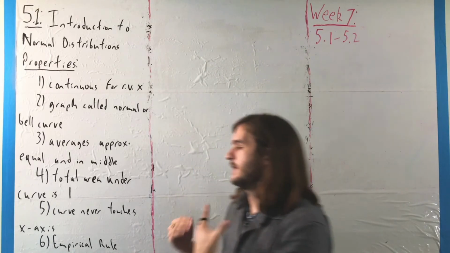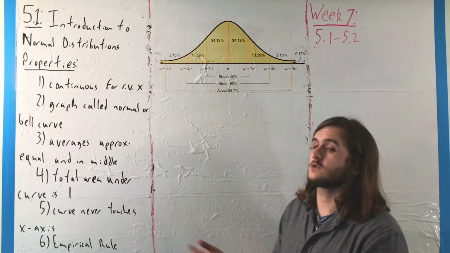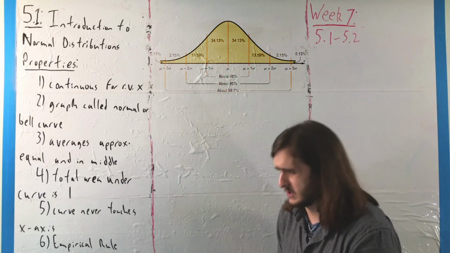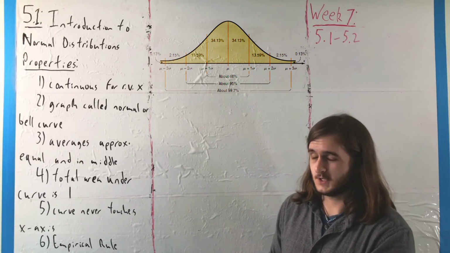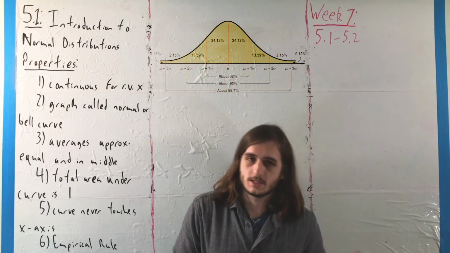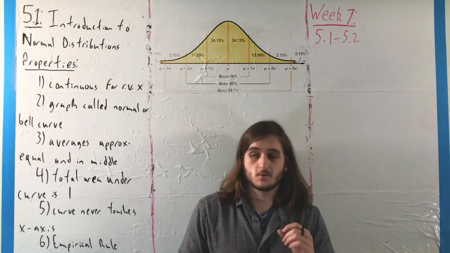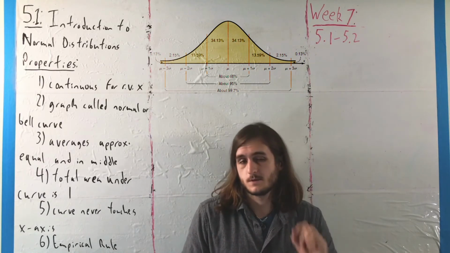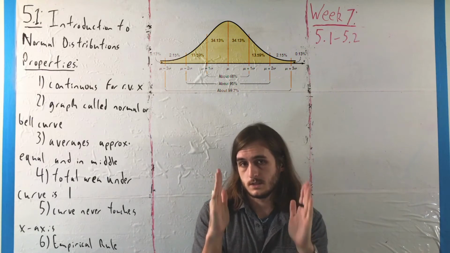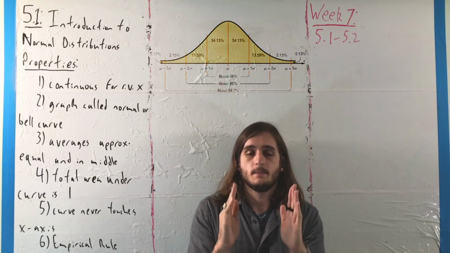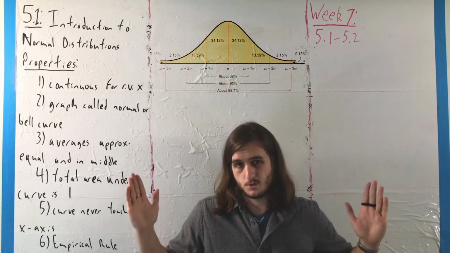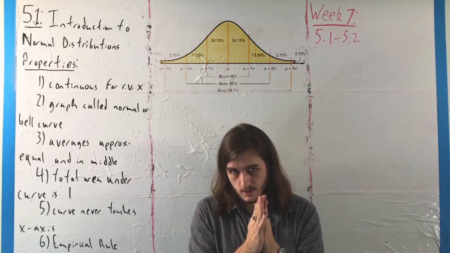And then finally, I ran out of space to write it all out, but the empirical rule holds, because the empirical rule is for approximately normal things, so you can be sure it works for the normal distributions. For those of you that don't remember, the empirical rule says that for approximately normal distributions, about 68% of data falls within 1 standard deviation of the mean, about 95% is within 2, and about 99.7% is within 3 towards that middle value.